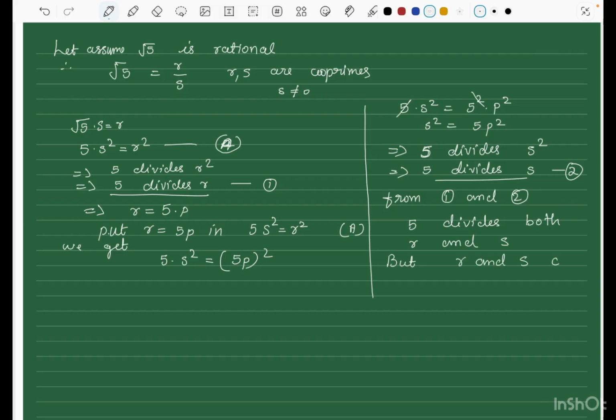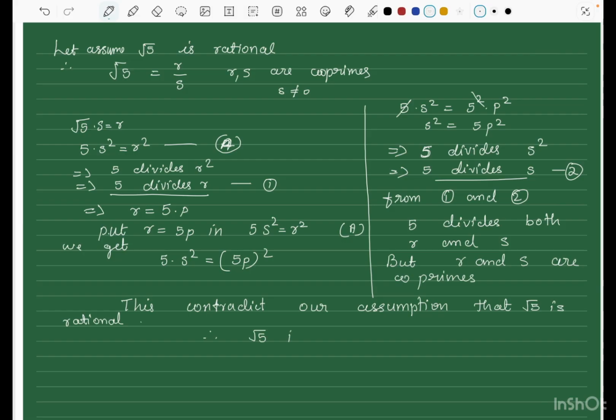But r and s are coprime. This contradicts our assumption that root 5 is rational.